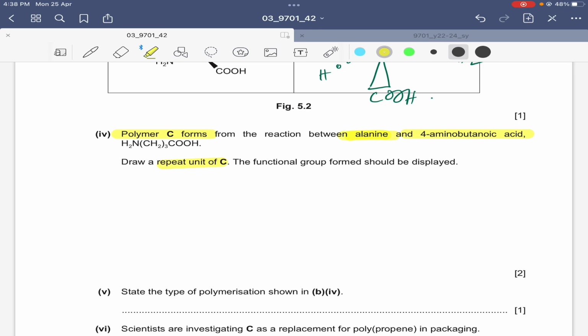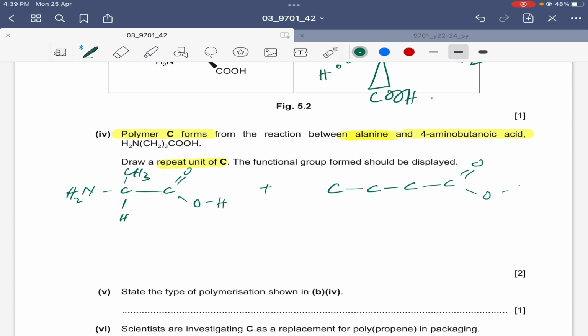Right, so we have alanine, NH2, CH3, CH, C double bond O, OH. This is the structure of alanine reacting with 4-aminobutanoic acid, 1, 2, 3, 4. This is butanoic acid, 4-amino, so on the fourth carbon we have an NH2 group, right?